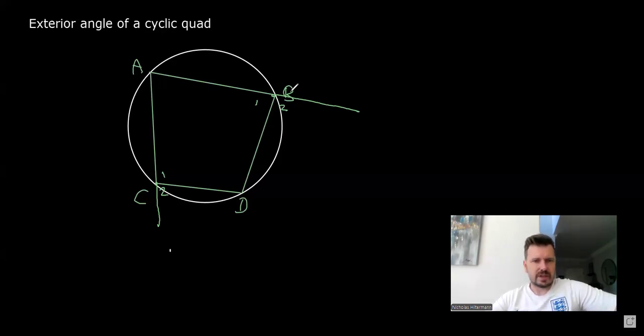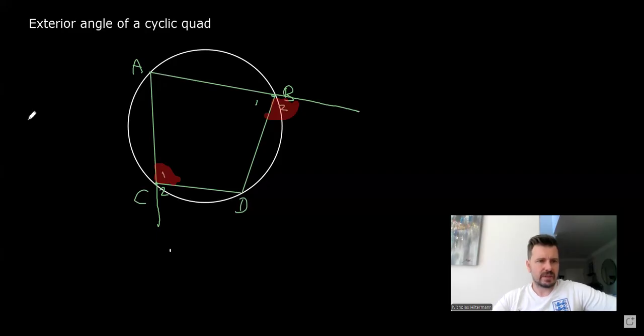So in this case here, we'll highlight this exterior angle, AB2, and that'll be equal to the opposite interior angle, C1.